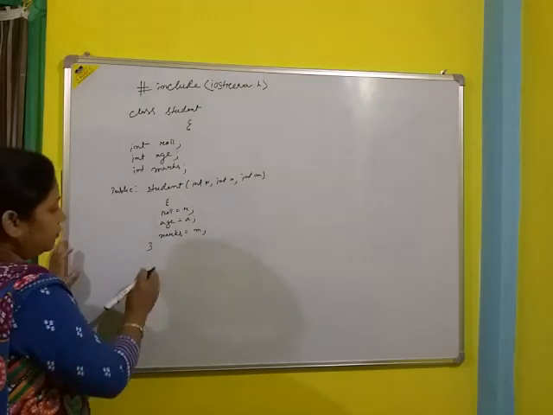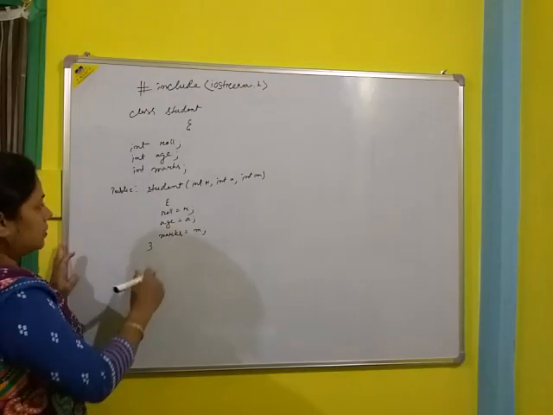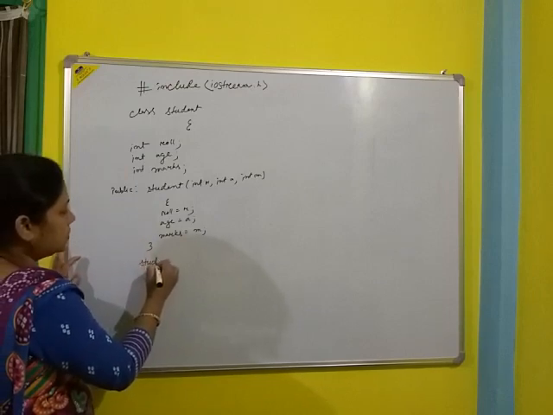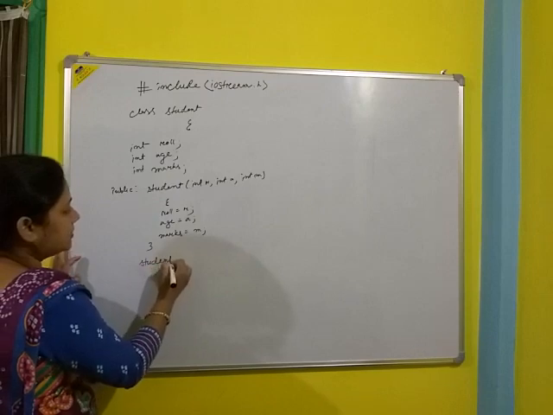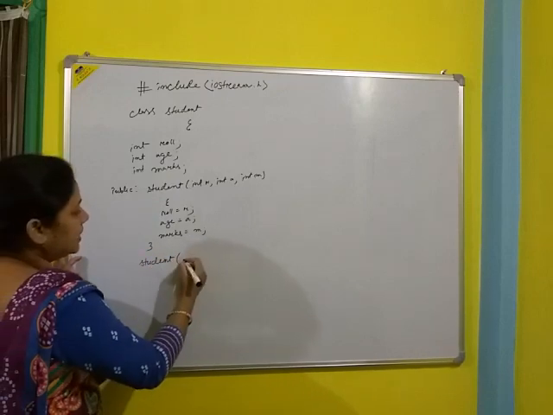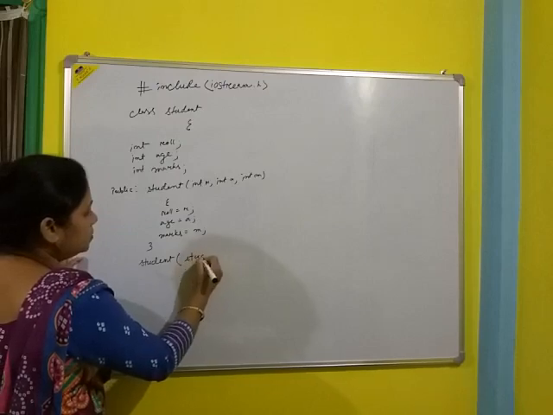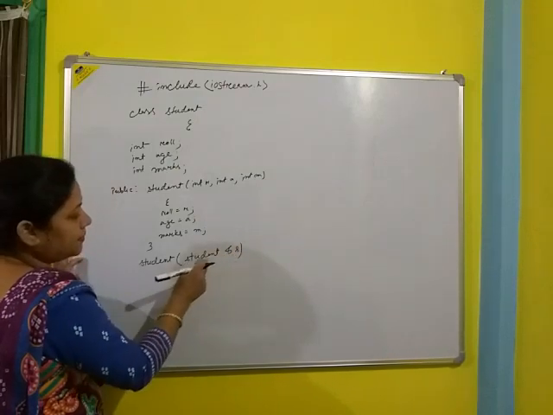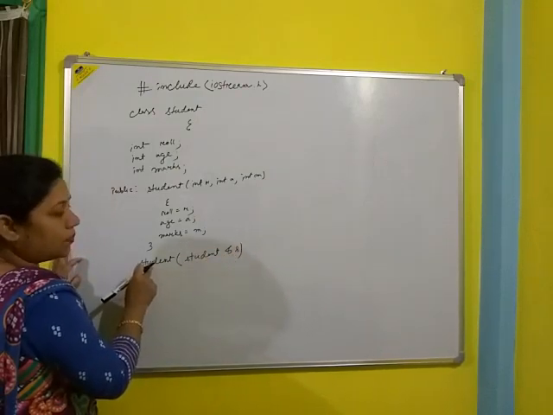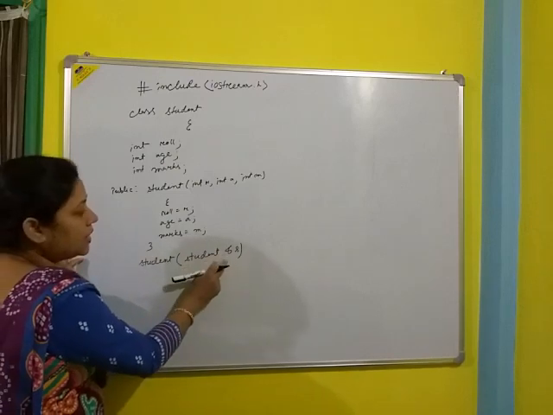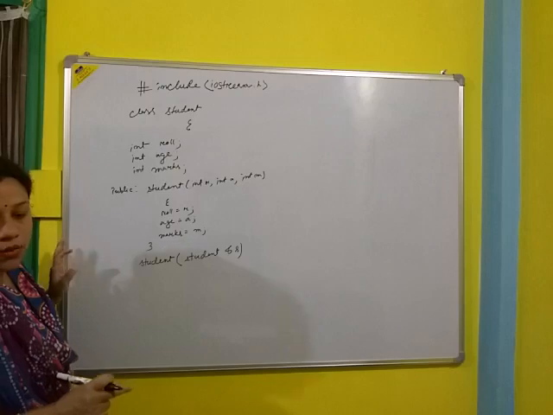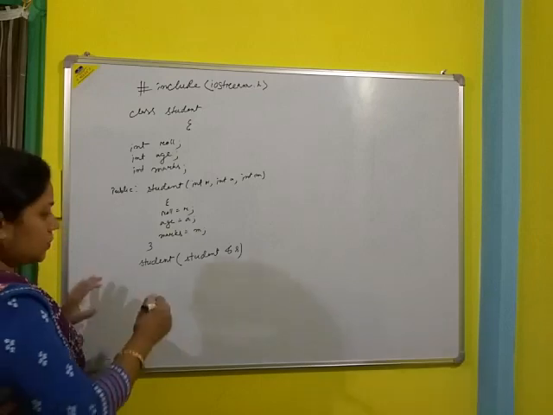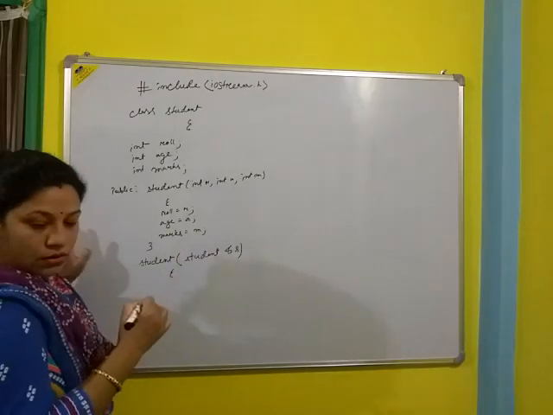Now look at here. I am going to declare one copy constructor. As I mentioned, the copy constructor is going to use the object of the same class as a parameter. So student ampersand s. I am using this object as a parameter of the copy constructor by reference method, because I am giving the address of the object instead of directly passing it to the copy constructor. So begin. This is the body of the copy constructor.